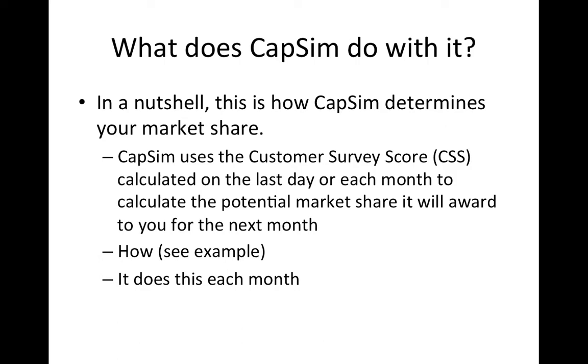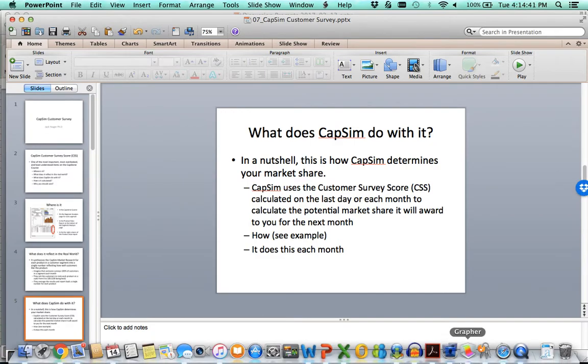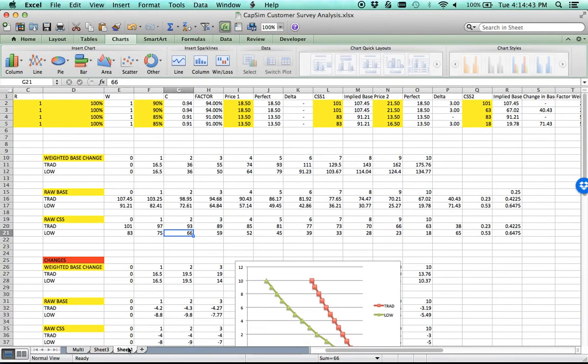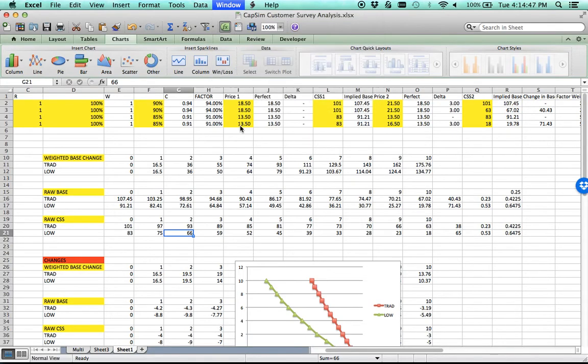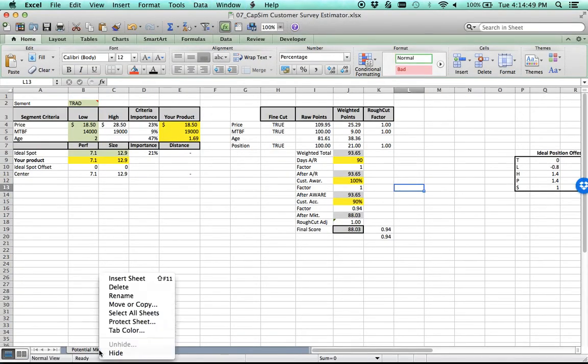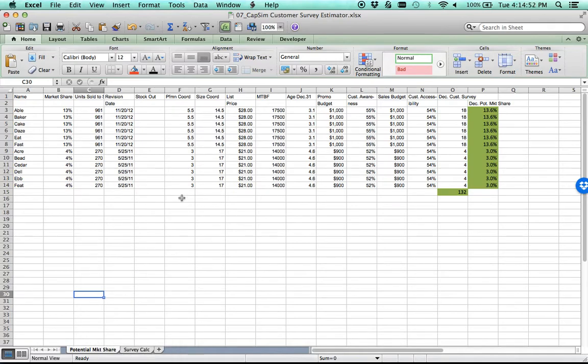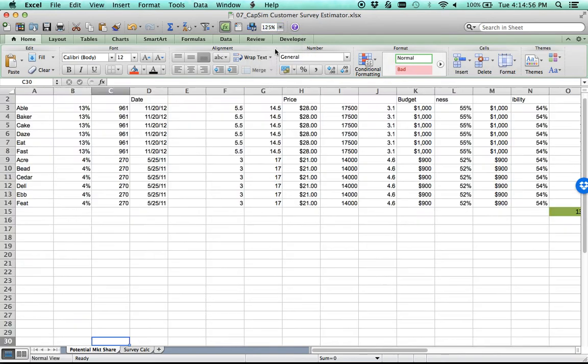And so I've put together a little example of how that might work. Let me see if I can find that, sorry. There we go. And so here's an example. I guess that's a little bit small. Let me see if I can make it just a little bit larger.